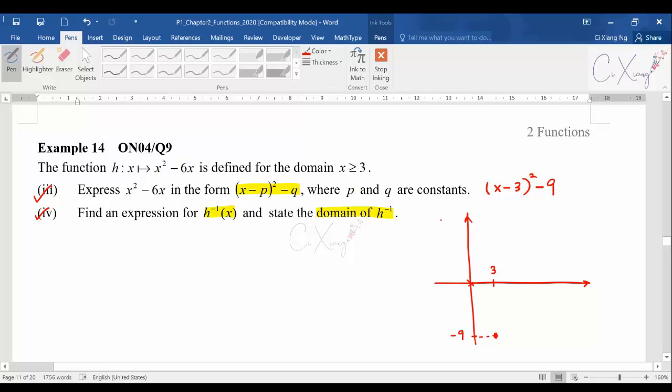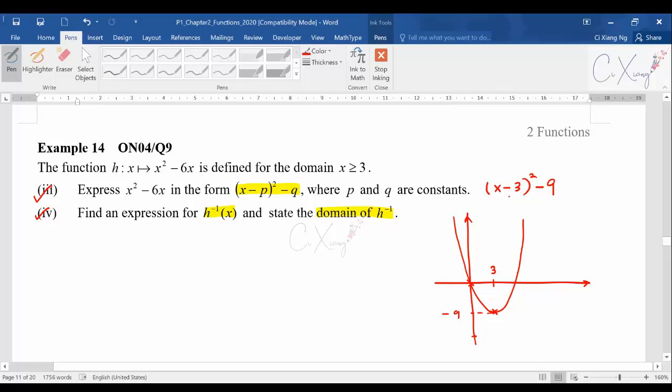Okay, so equation will look something like this. Hey, my ratio is very weird. Can I draw it better? Okay, so maybe I assume that this is negative. Alright, and then my graph will look something like this. So correct. This is my original graph for x minus 3 squared minus 9.